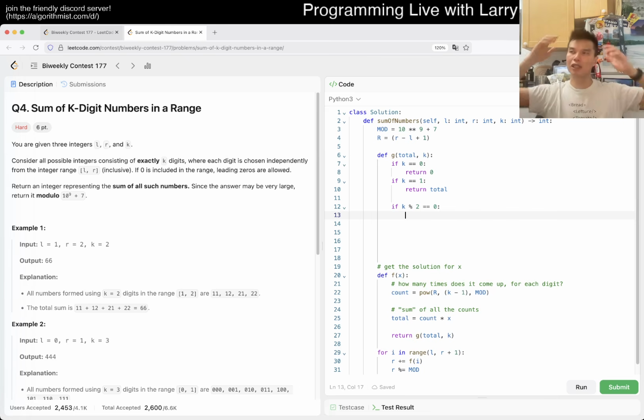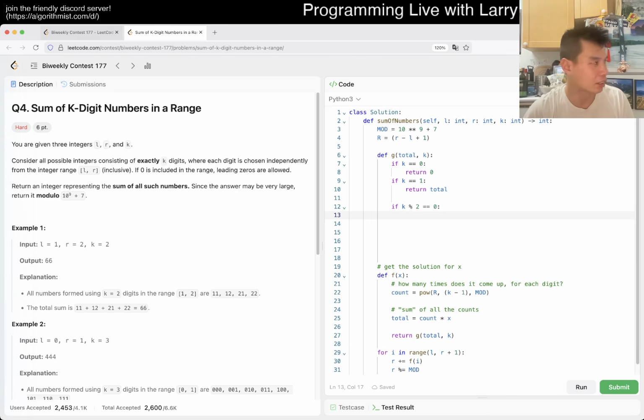It's been a while. So you have k left, and now you have the left chunk and the right chunk. The right chunk is just going to be k. Is it k divided by 2? No, it doesn't feel right.